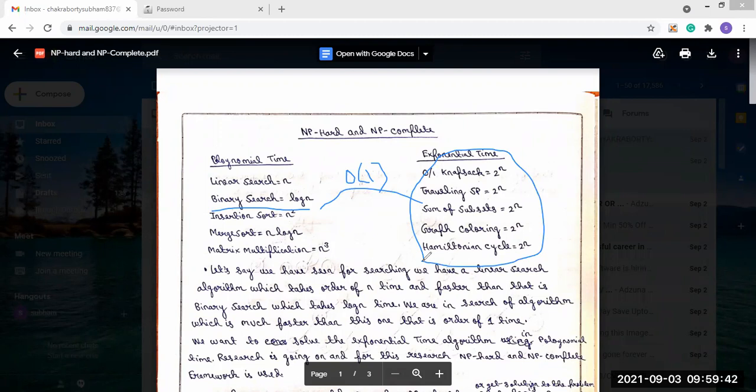If one problem is solved, then for that we have to show the relationship between them.